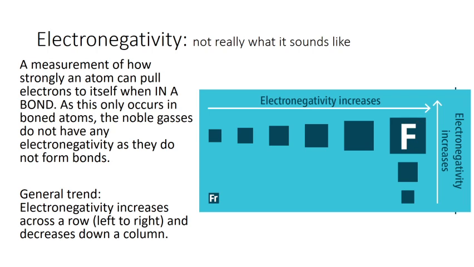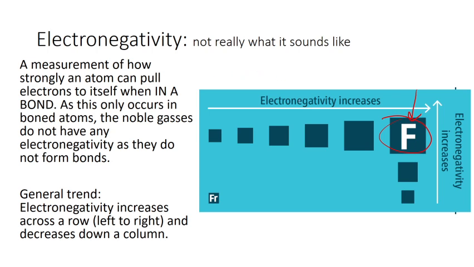So there's a reason why fluorine is listed here. Because the noble gases do not have electronegativity, fluorine is the most electronegative atom on the periodic table.